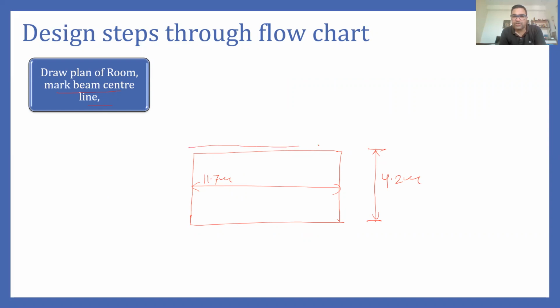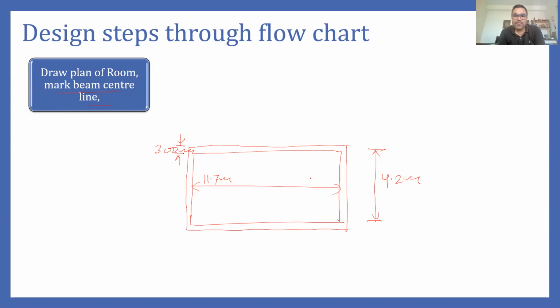And as it is supported from all four sides on the wall, the walls will be like this, and the thickness of wall is also given, which is 300 mm. Now here we are also supposed to mark the beam center. Now we have to see whether we have to mark the beam along the longer side or along the shorter side.